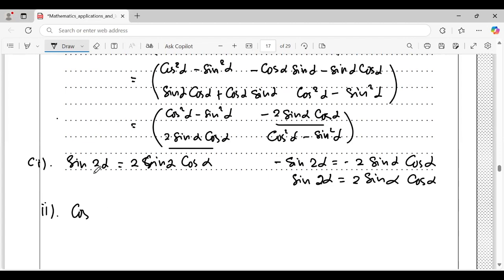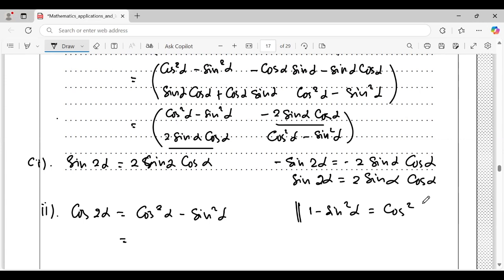According to the trigonometric identity, 1 minus sine squared alpha equals cosine squared alpha, because sine squared alpha plus cosine squared alpha equals 1.